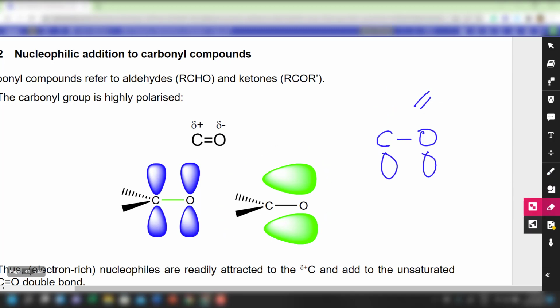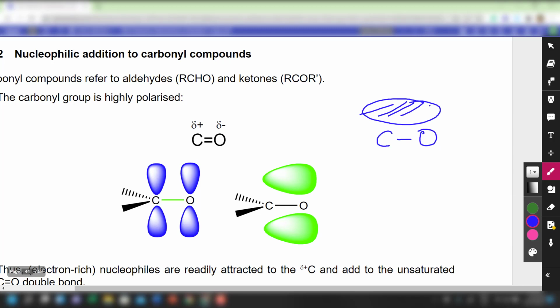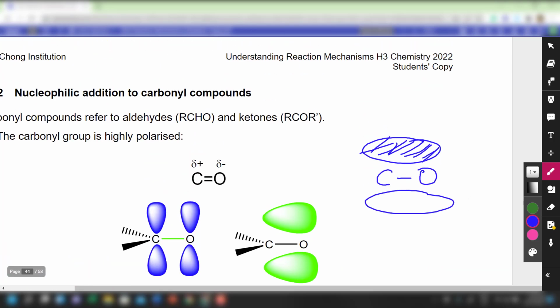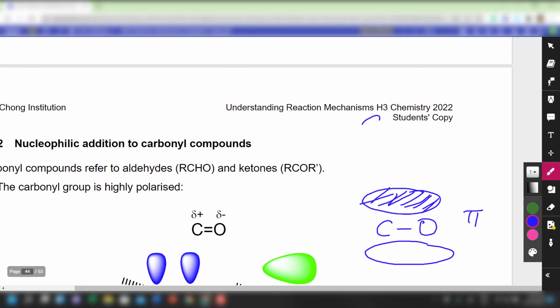So meaning that I'm going to get the bonding molecular orbital to have the top with one face and the bottom another face. Okay, but for the anti-bonding pi star, it actually looks like this. So it's here and here and here and here.